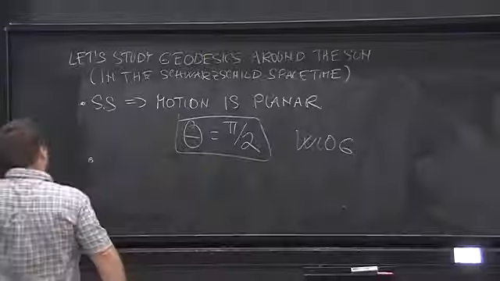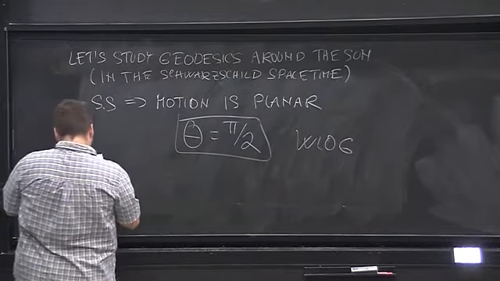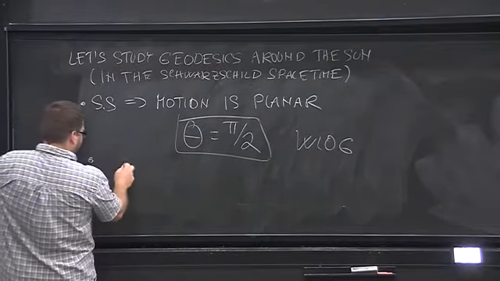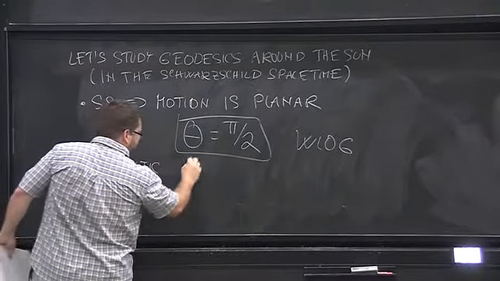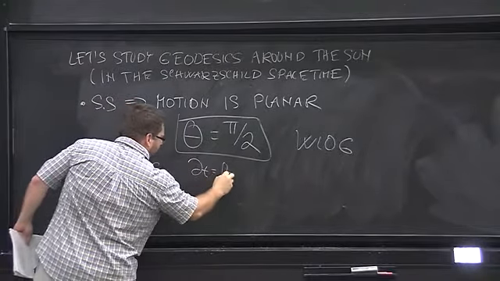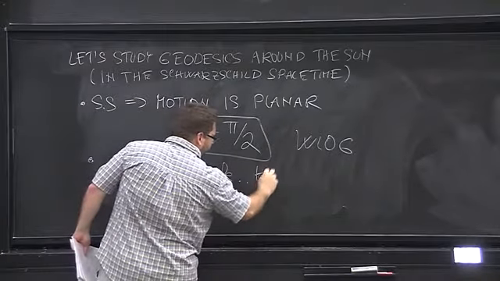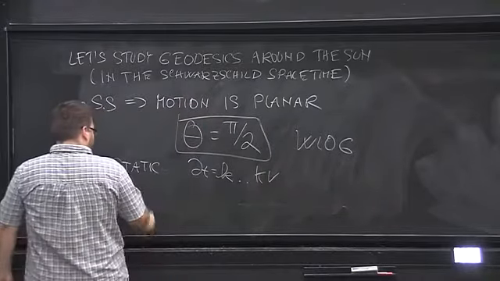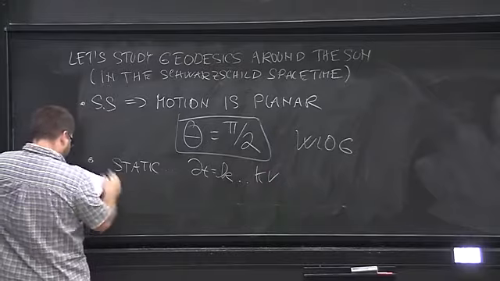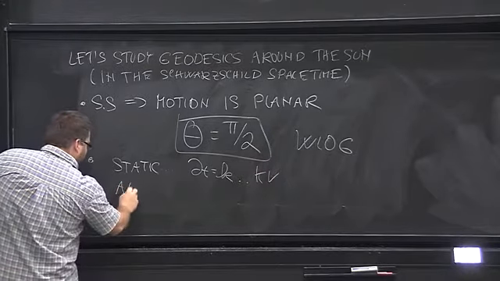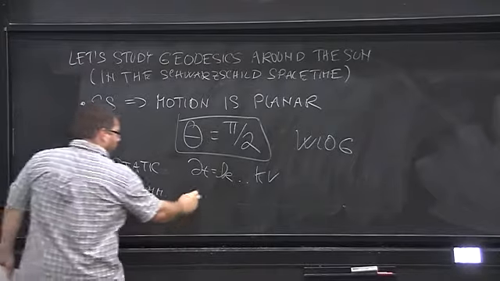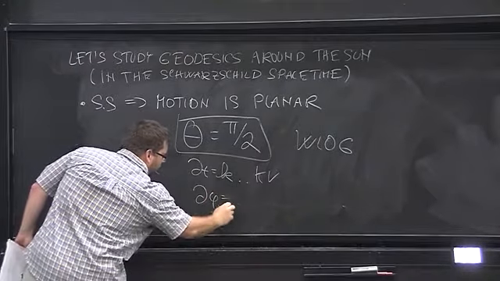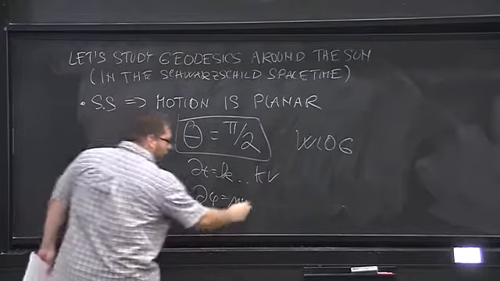So we have a static space-time. That means we have dt as a Killing vector k. We have axisymmetric after we fixed this thing here, so we have another Killing vector m, which is d phi Killing vector.